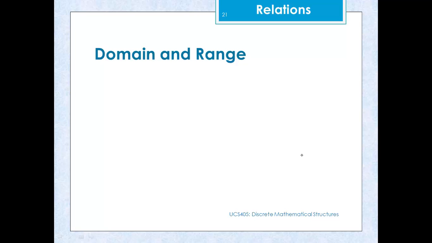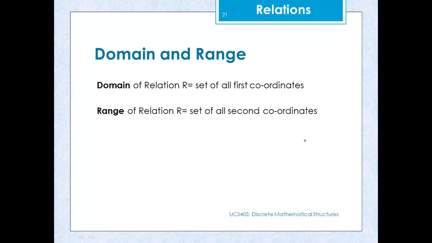If R is a relation from set A to B, then the domain of a relation R is defined as the set of all first elements or first coordinates in those ordered pairs. Similarly, range can be defined as the set of all second coordinates or second elements in those ordered pairs. So let us see one example of it. If we have the less than relationship on set A, 1, 2, 3, these will be the ordered pairs here: 1 comma 2, 1 comma 3 and 2 comma 3.